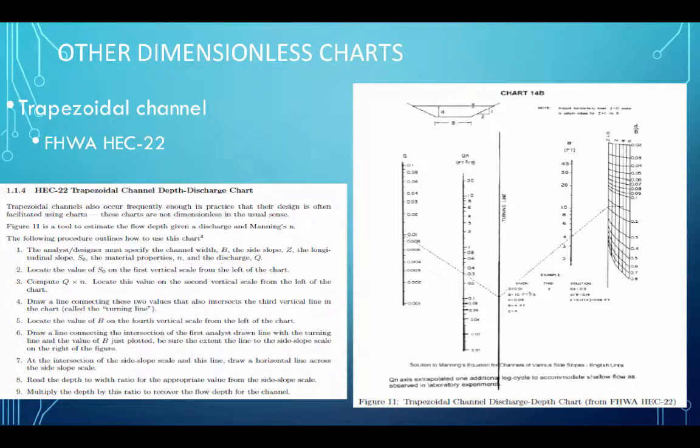Then read the depth to width ratio directly from this right hand side. So this line goes through here, and then you intersect it at the desired side slope, and then you run horizontally across.